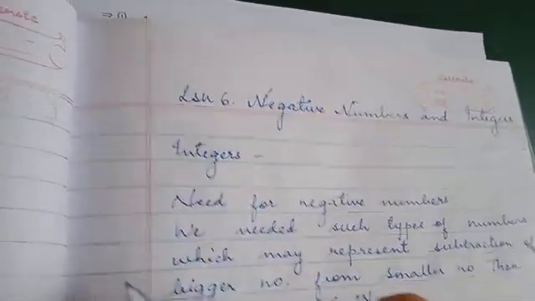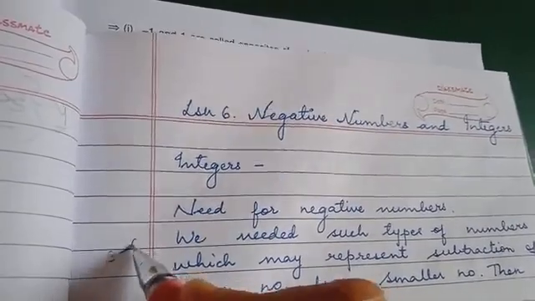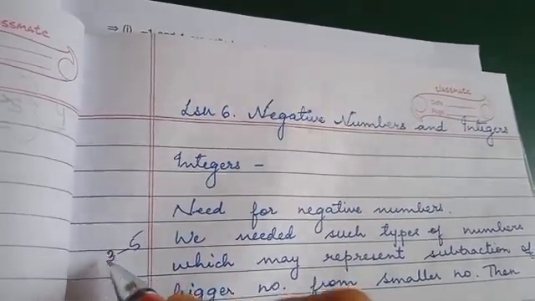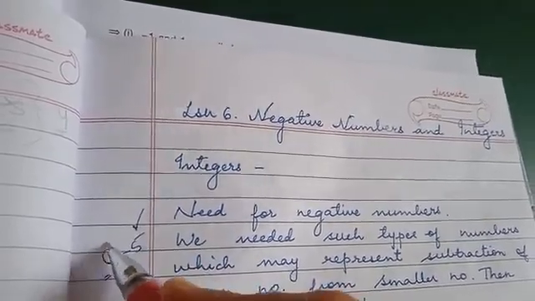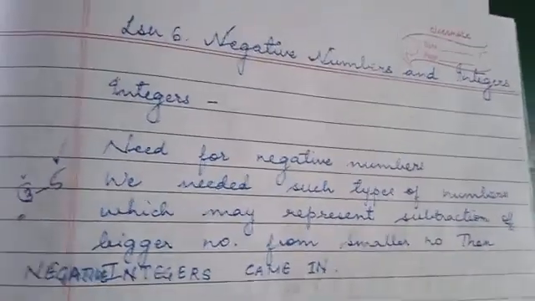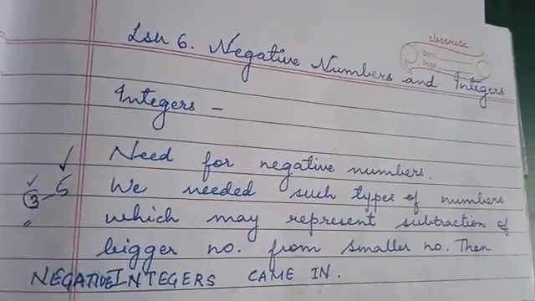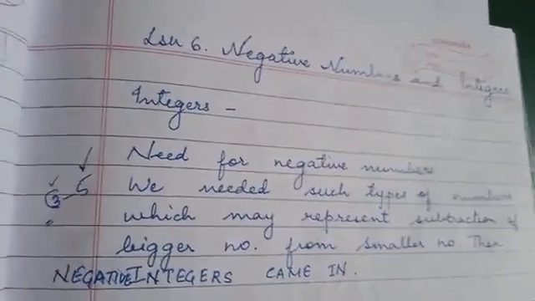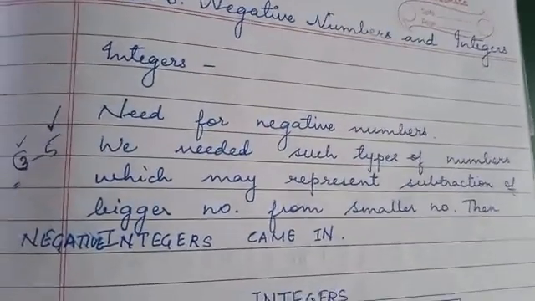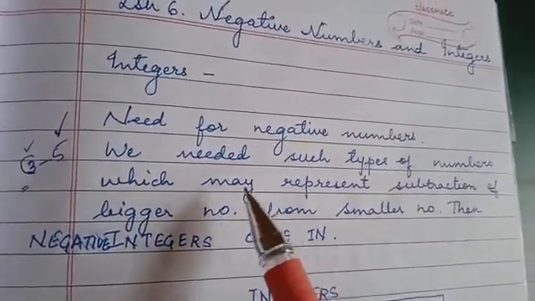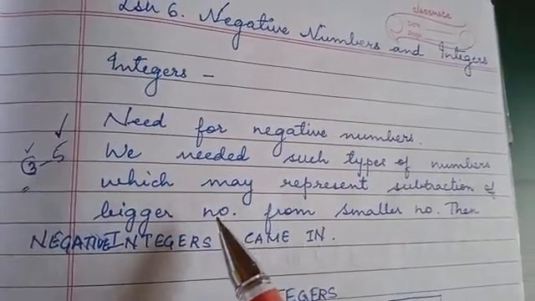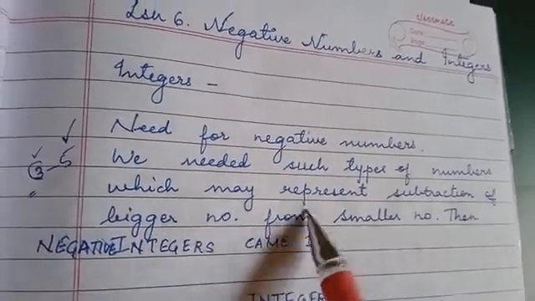But in 6th standard, you can also do this type of subtraction where you subtract a greater number from a smaller number. I hope you are understanding why negative numbers came in, due to subtraction of a bigger number from a smaller number.